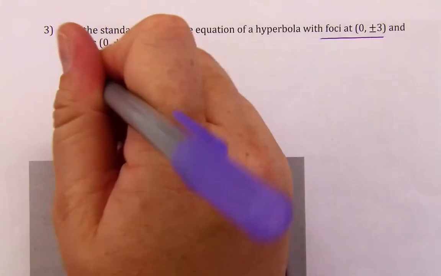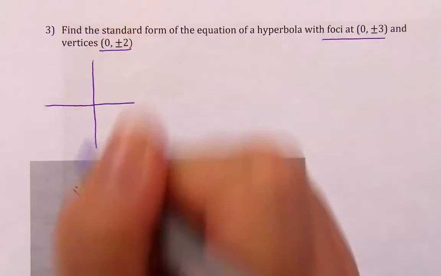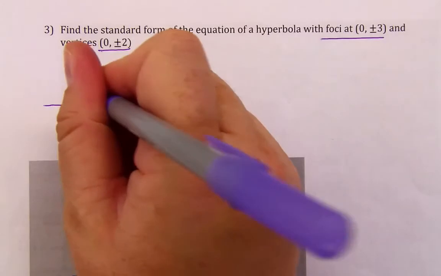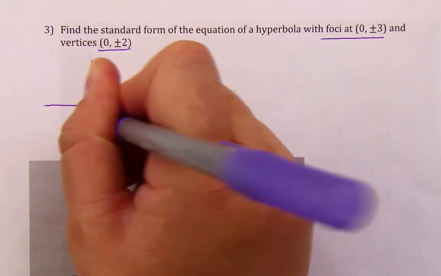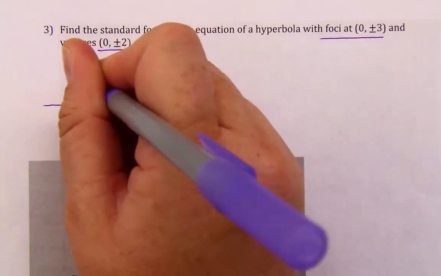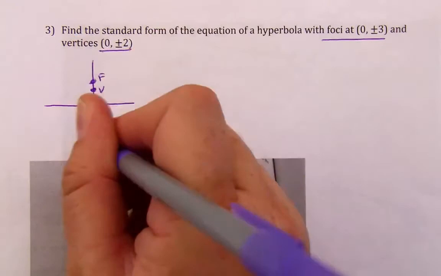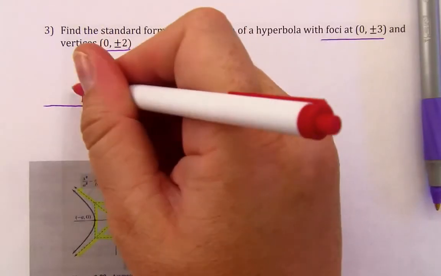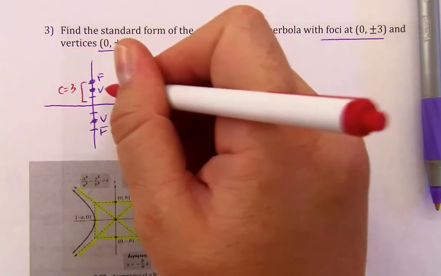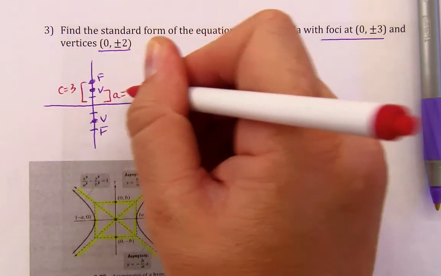Now to help us picture what this looks like, let's go ahead and just graph it really quick. 0 plus or minus 2 is our vertices, and then plus or minus 3 is our foci. And so what that tells me is that my C value is 3 and my A value is 2.